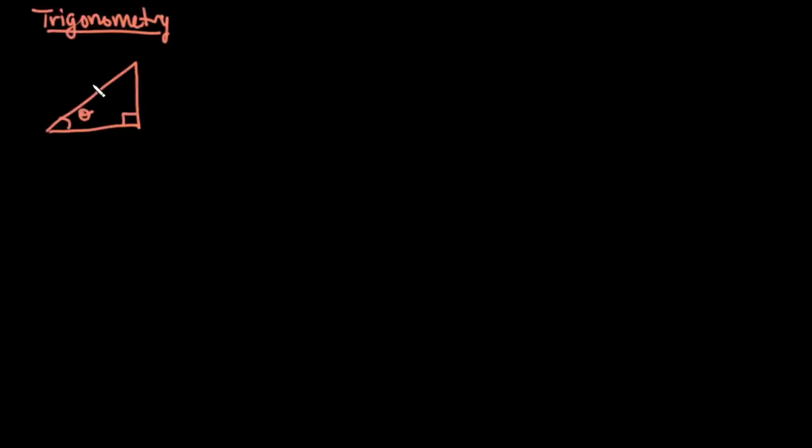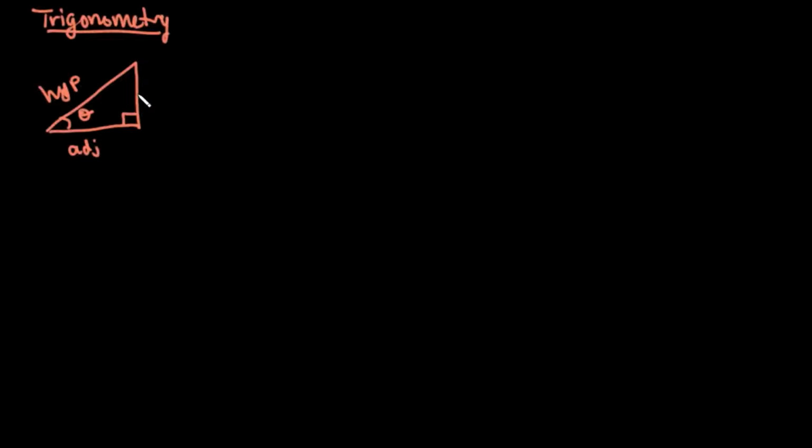This side here that's opposite the right angle is your hypotenuse. I'm just going to abbreviate it as HYP. This side, right next to the angle, is your adjacent, abbreviated as ADJ.